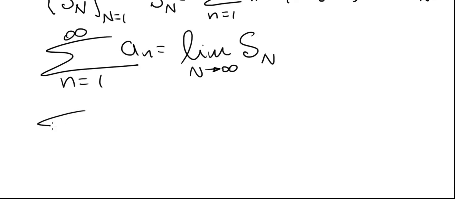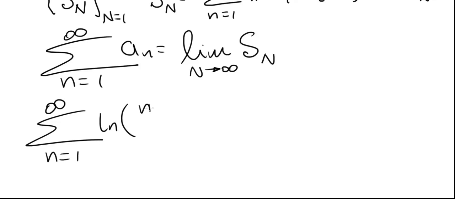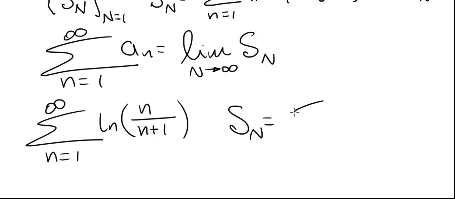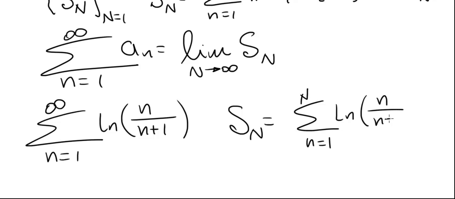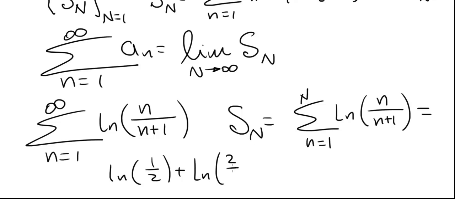So let's look at our series, which was the sum from n equals 1 to infinity of natural log of n over n plus 1. So S_N is equal to the sum of the first N terms of this series. So this is little n equals 1 to big N of natural log of n divided by n plus 1. And let's expand this. Plugging in n equals 1, this is ln of 1/2 plus ln of 2/3 plus ln of 3/4 and so on.